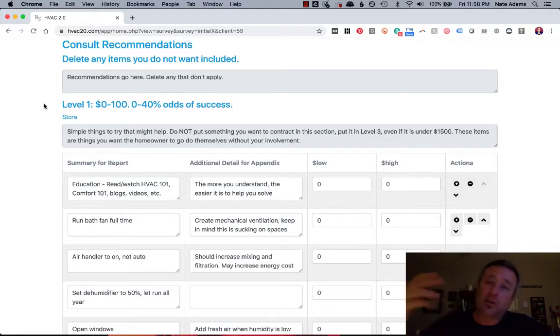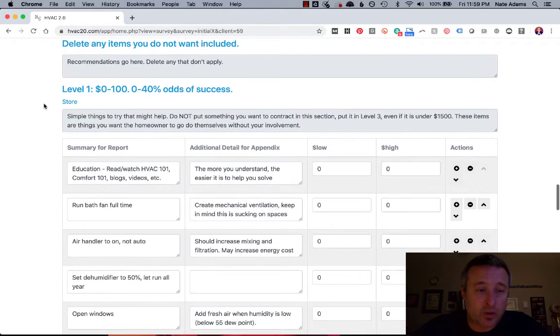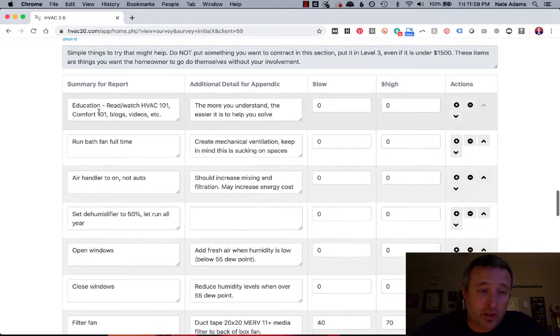Because they're going to need to go through some of the simple and inexpensive stuff, and it might fix what they're trying to solve. Or they may get to where, all right, we really need to buy new HVAC, or we really should do some planning on how we're going to upgrade the house as a whole to really solve these problems. So level 1, there's a bunch of stuff in here.